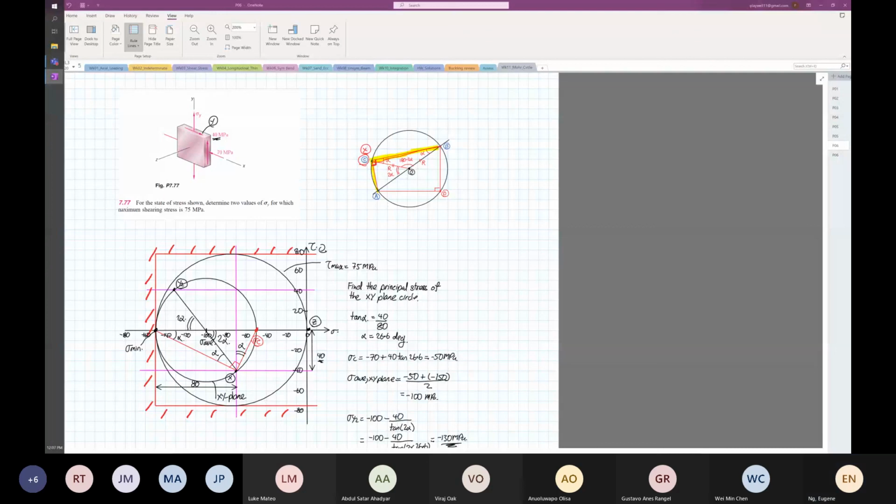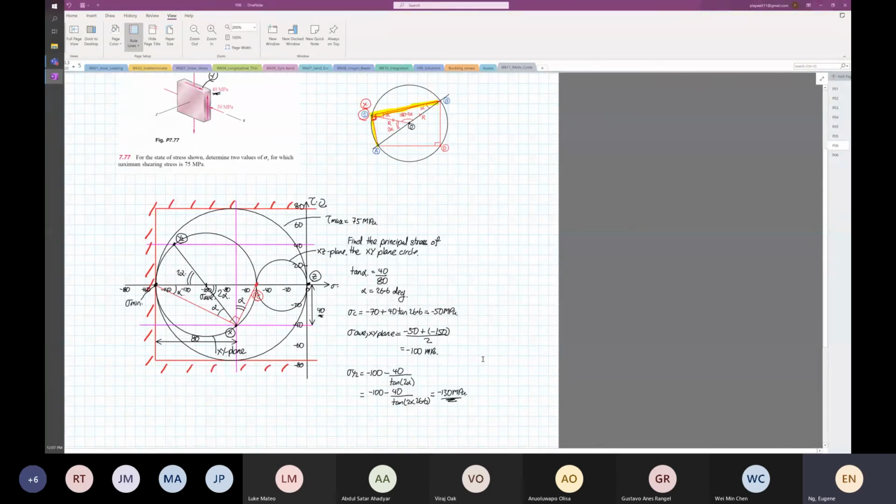If I were to construct another circle, so 40, 40, 25, this last circle over here is for your X, Z. For this one, you have to be very familiar with the rules of the circle.